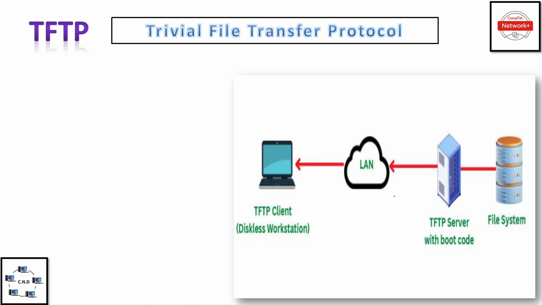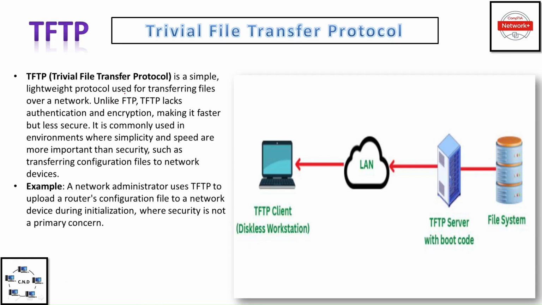TFTP, that is Trivial File Transfer Protocol. TFTP is a simple, lightweight protocol used for transferring files over a network. Unlike FTP, TFTP lacks authentication and encryption, making it faster but less secure.